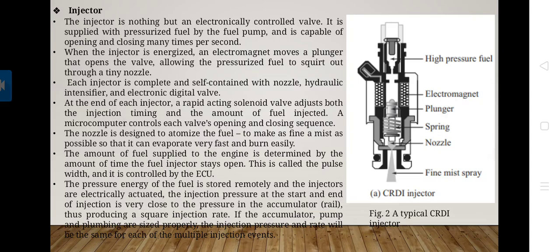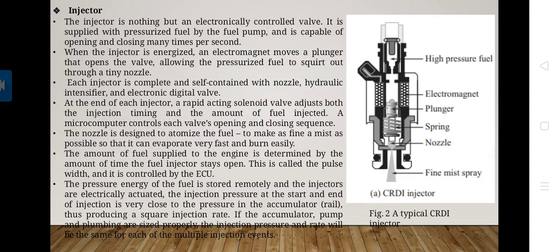This injector is nothing but an electronically controlled valve. It supplies the high pressurized fuel from the fuel pump and is capable of opening and closing many times per second. When the injector is energized, the electromagnet, which is connected with the plunger, moves the plunger.